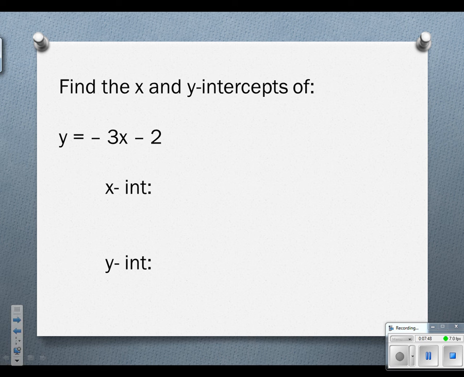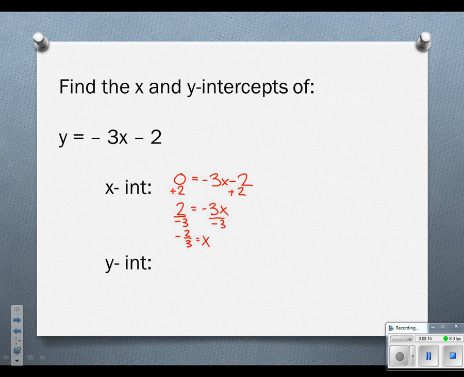If we had this linear equation, y equals negative 3x minus 2, the x-intercept is found by putting 0 in for y. Solving, I'm going to move my constant and then divide by the coefficient. So negative 2/3 is equal to x. Now that's not my intercept.